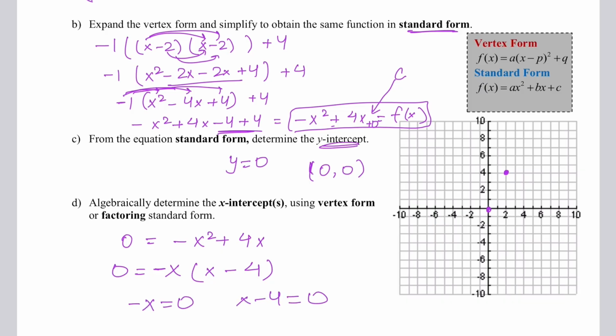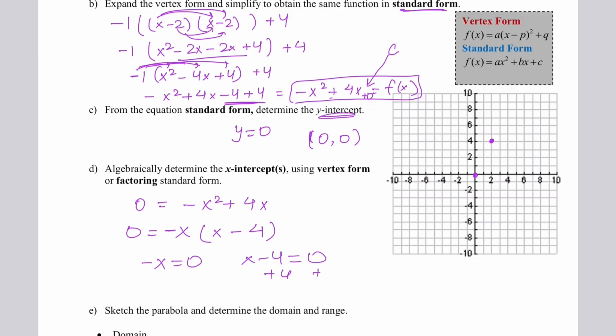So add 4 on both sides. We have x is equal to 4 and x is equal to 0, right? So our points will be 0, 0, which we already have there, and 4, 0. So over here, okay. Let's sketch the graph.